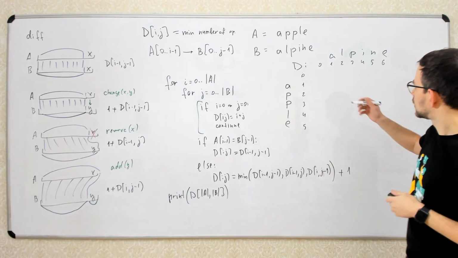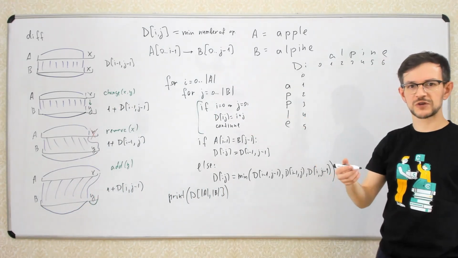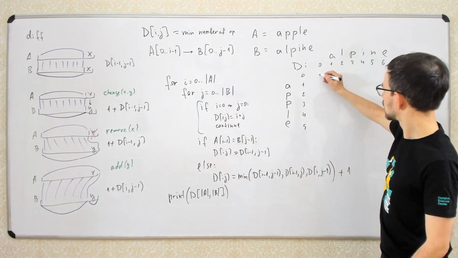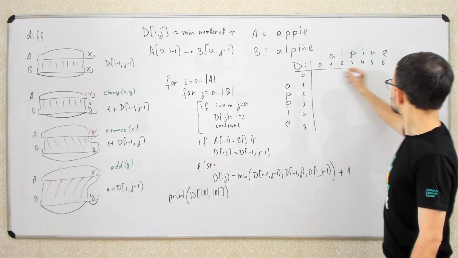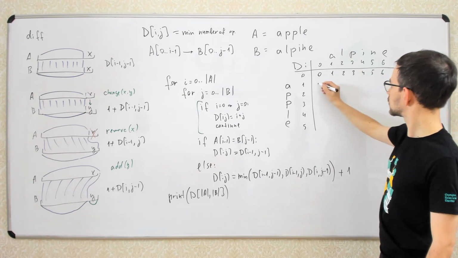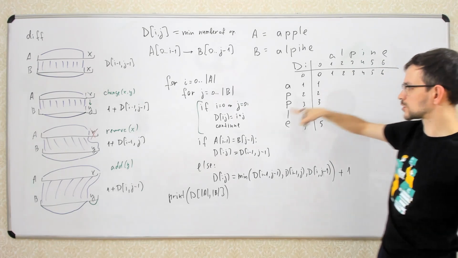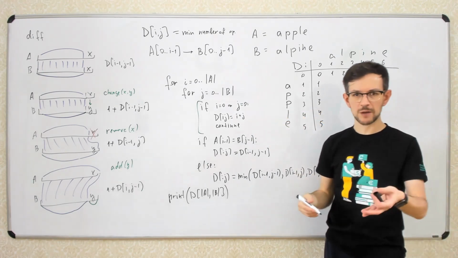Again, the first row and the first column are pretty simple. Here you have 0, 1, 2, 3, 4, 5, 6. Here you just use this if, because one of the strings is empty.